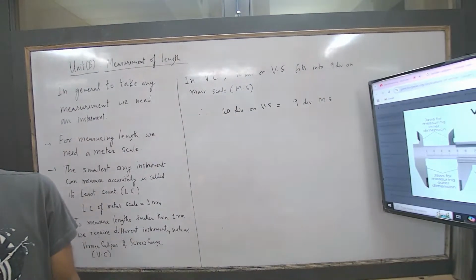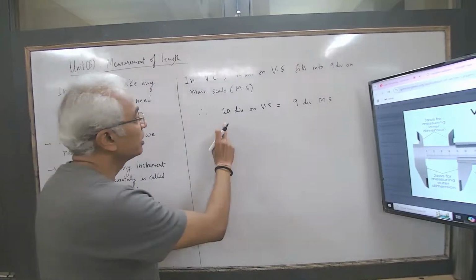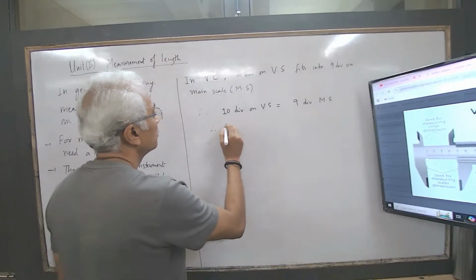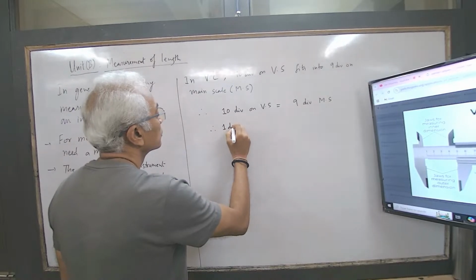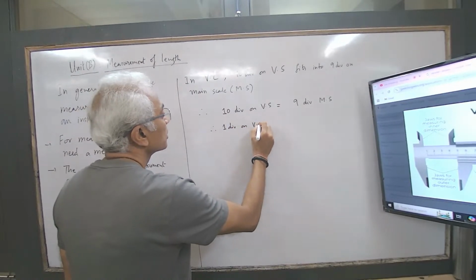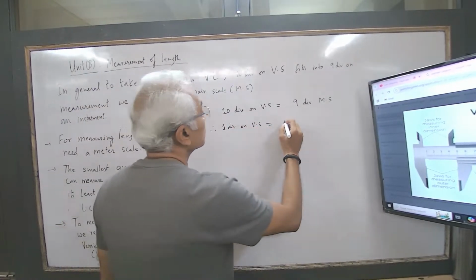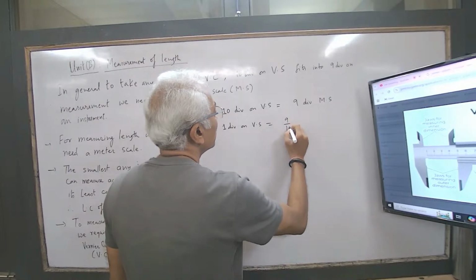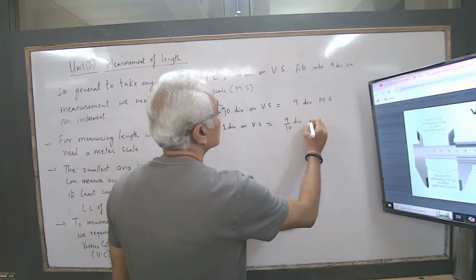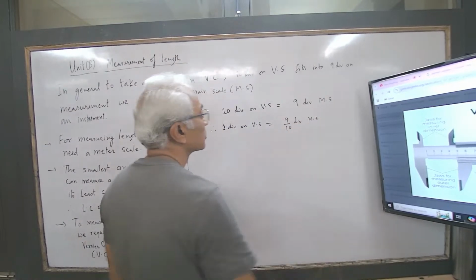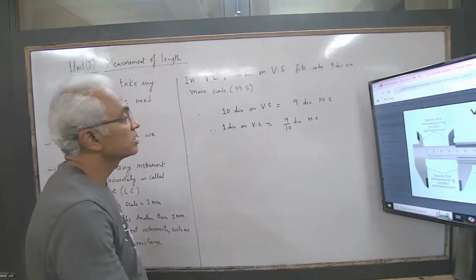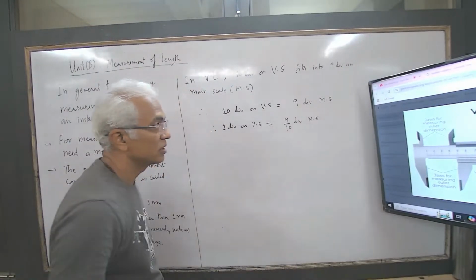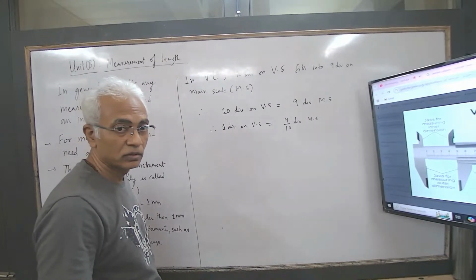Okay? So then what is one division on vernier scale? Therefore, one division on vernier scale is equal to 9 by 10 division on main scale. Right? So now what is the length of 9 division on main scale? 9 millimeter.